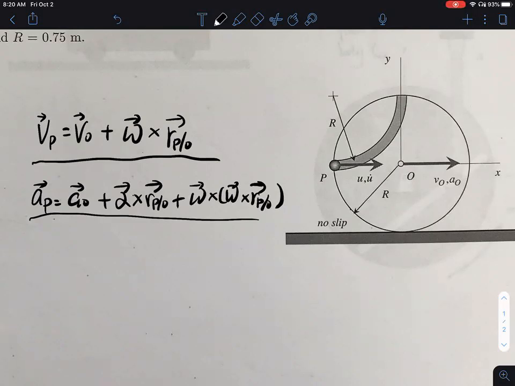The second one is the acceleration equation from chapter 2. Now raise your hand if you think yes, we can use those equations for this problem. Raise your hand if you think we cannot. Okay. The correct answer is you cannot use those equations for this problem.